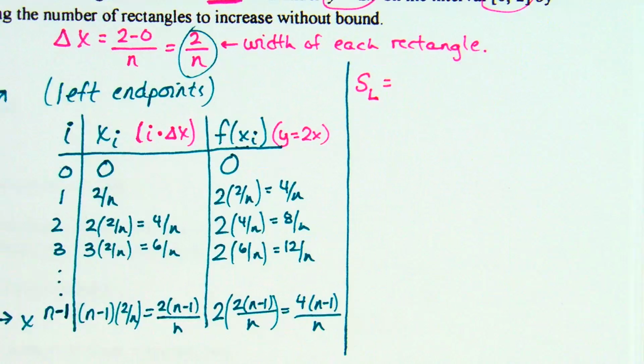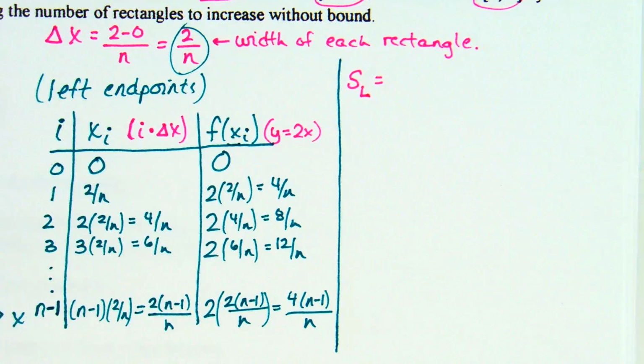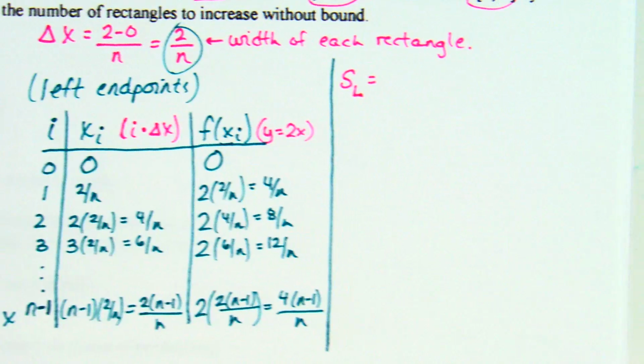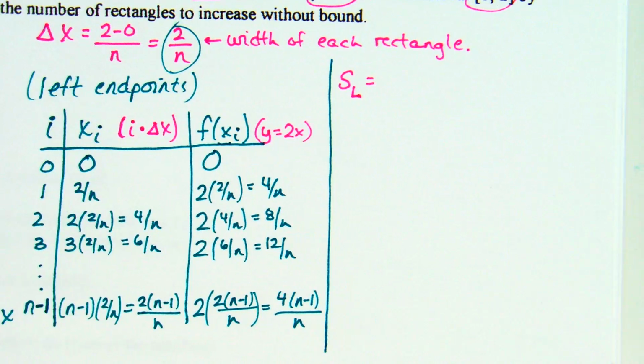Okay, so it said to do delta x. So what's my delta x? 2 over n times the sum of the heights. Where do we find the heights? That's my f of x sub i.